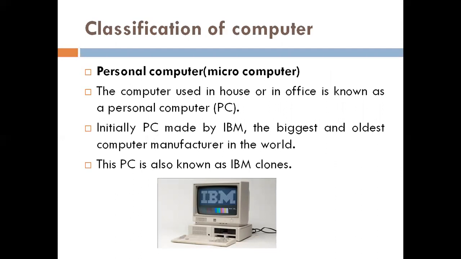IBM made the first personal computer. It is the biggest and oldest computer manufacturer brand in the world. So this personal computer is also known as IBM clones. Here you can see the figure of a personal computer made by IBM.